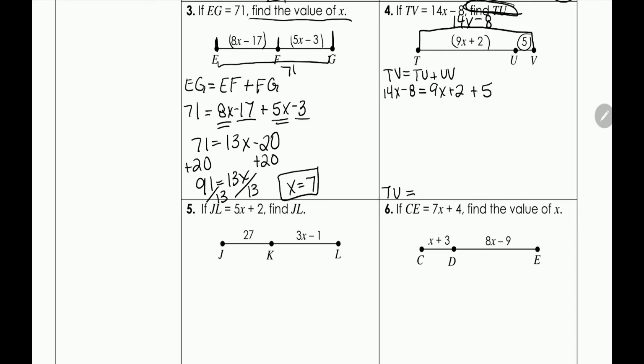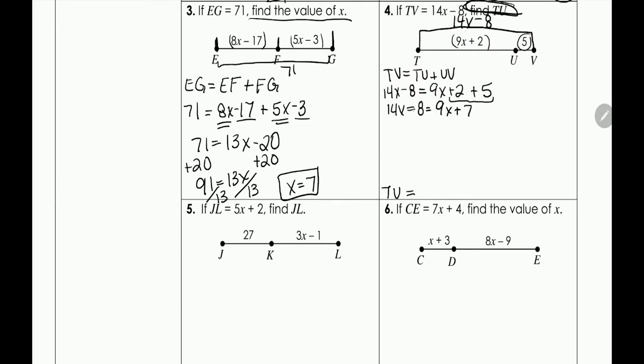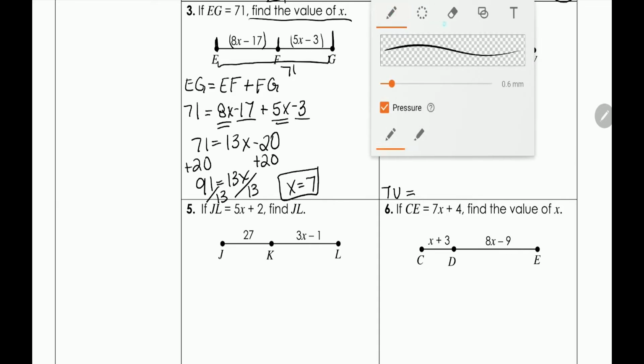Now, again, we have something we can solve for. I'm going to take this plus 2 and plus 5 and add them together so that it's a little simpler. So we have 9x plus 7 on that side. And now we can go ahead and solve. And I'll go ahead and fix the fact that I put an equal sign instead of a minus sign.